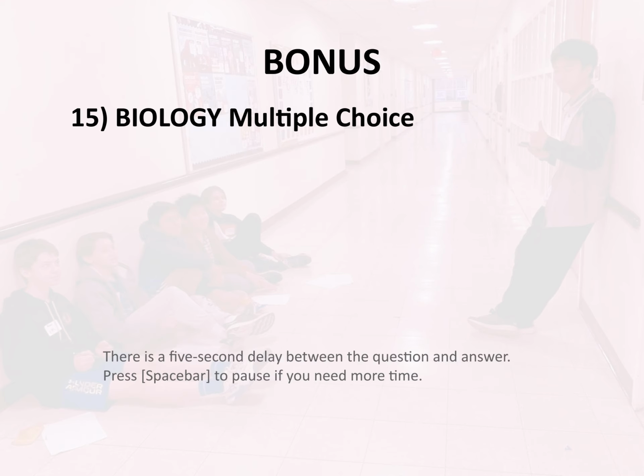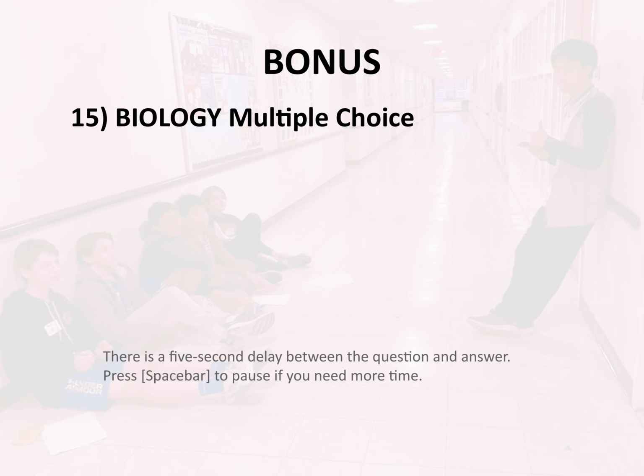Bonus 15. Biology. Multiple choice. Duchenne muscular dystrophy is the result of a recessive disease allele for a gene on the X chromosome. Which of the following is true regarding inheritance of the disease? W. Females have twice the chance of developing it, because they have 2 X chromosomes. X. Mothers with the disease allele can pass it with equal probability to sons or daughters.